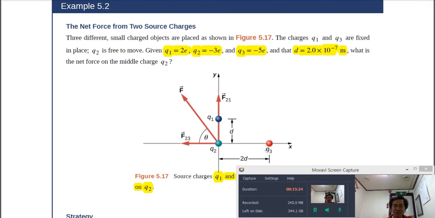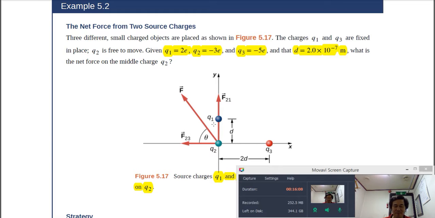So if I look at the force acting on Q2 due to Q1, it is in the positive y direction because they have different signs, so the force is attractive. And then the force between Q2 and Q3 is repulsive because they both have negative signs.